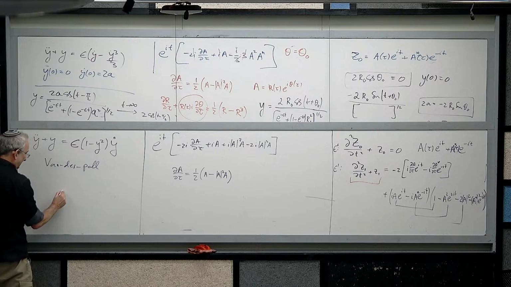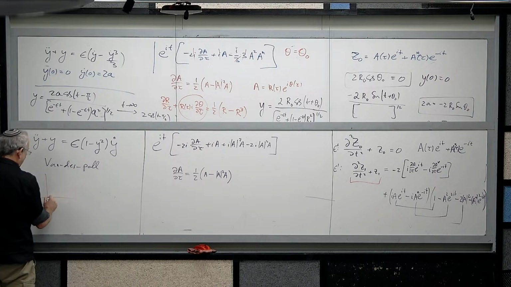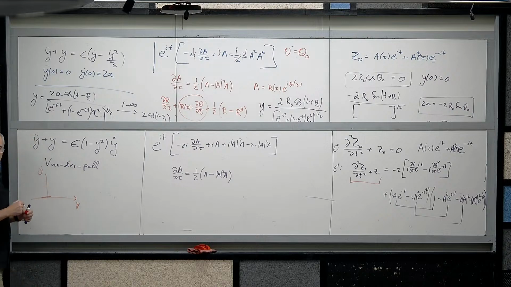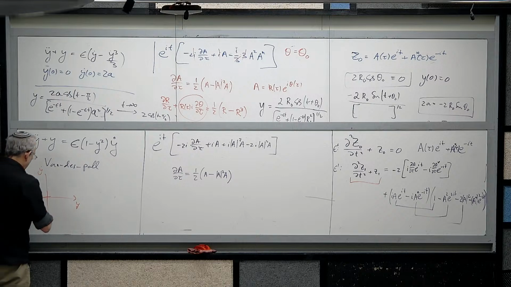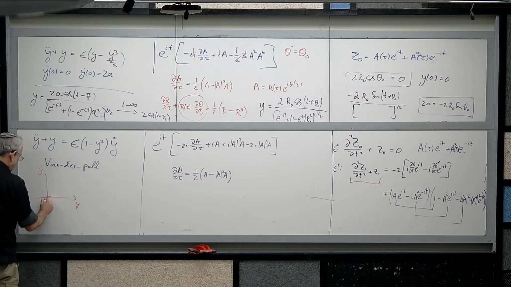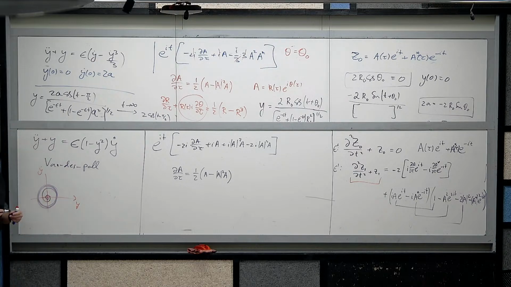So if I'm plotting it in the position-velocity plane, y and y dot, it will start here and will do something like that, and then it converges to stable oscillations.